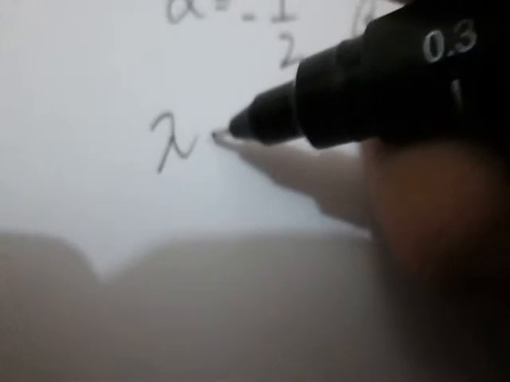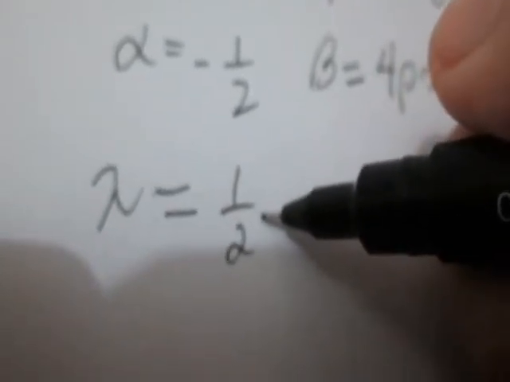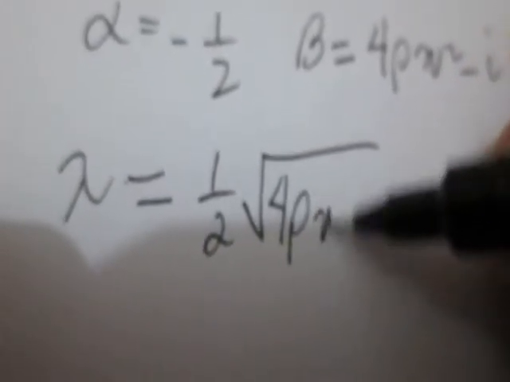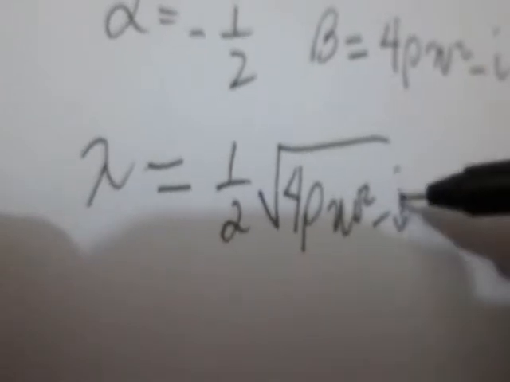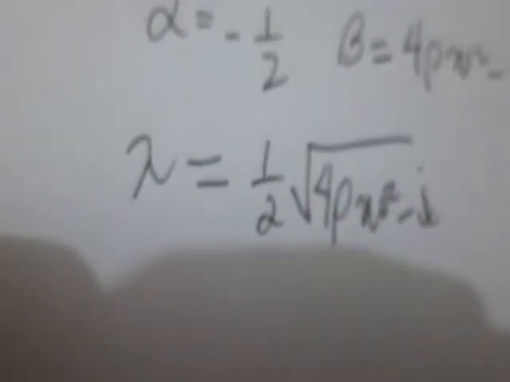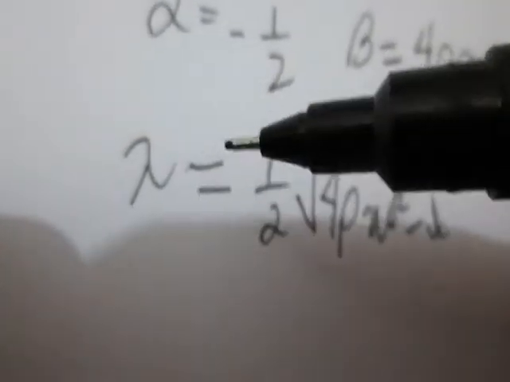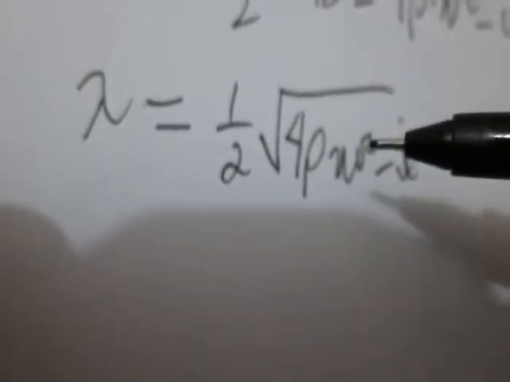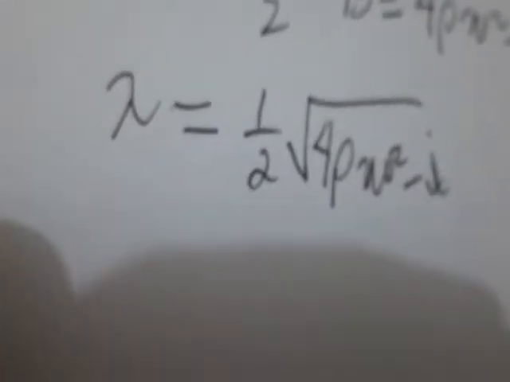And we will let lambda equal 1/2 square root of 4 rho omega squared minus 1. Our lambda here is our parameter that we have created.